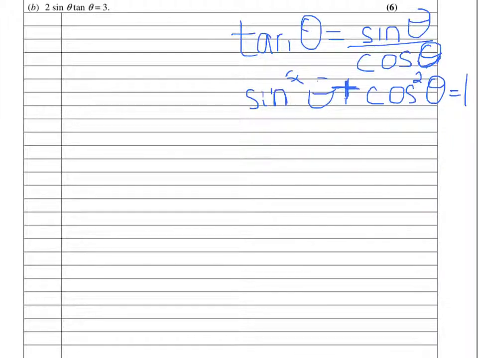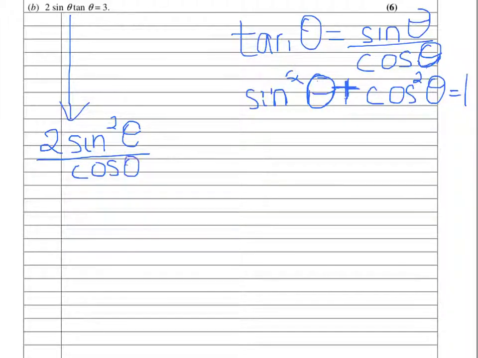So first thing I want to do is substitute in that sine theta over cos theta for tan theta. So I get 2 sine squared theta over cos theta equals 3. I've multiplied the sines together straight away and squared it.